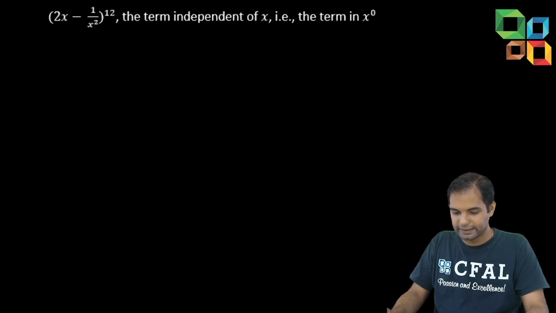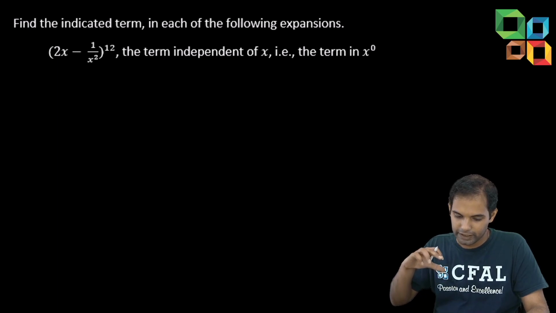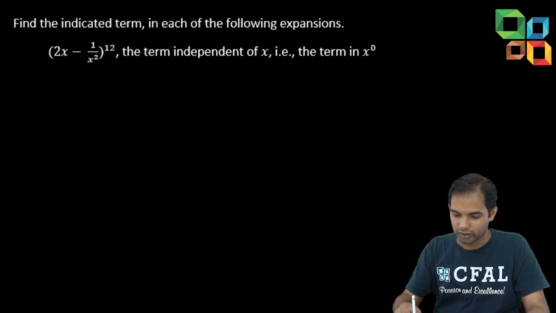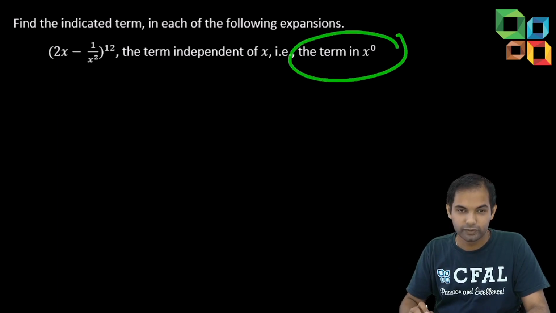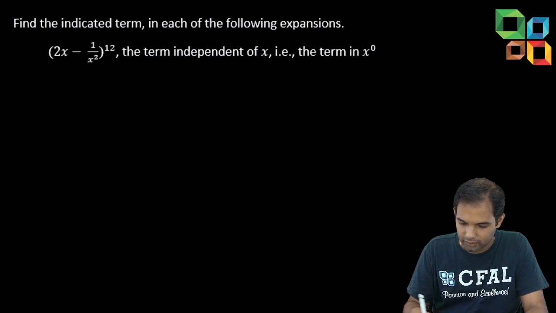Find the indicated term in each of the following expansions. So we have to try in this expansion the term which is independent of x, or the coefficient of x power 0. Either way you can term it, right? Now look at it. It makes sense, correct?